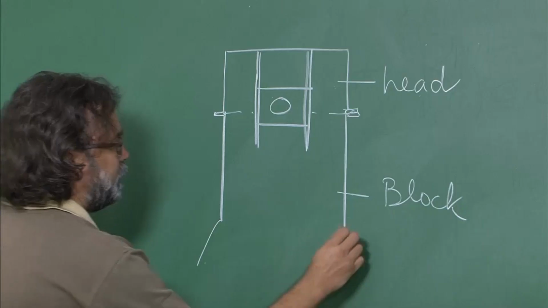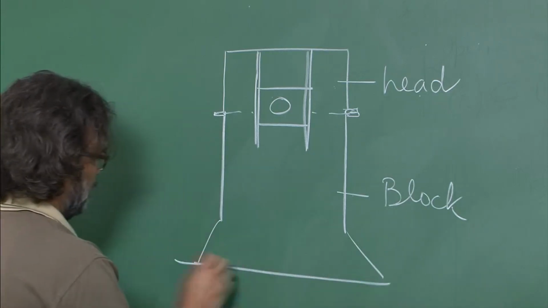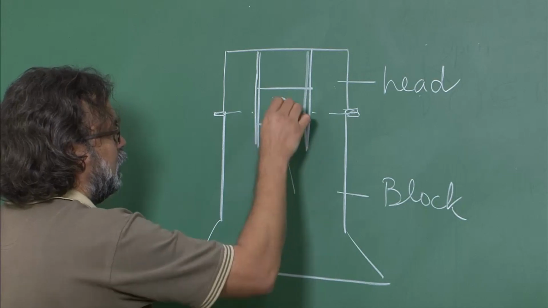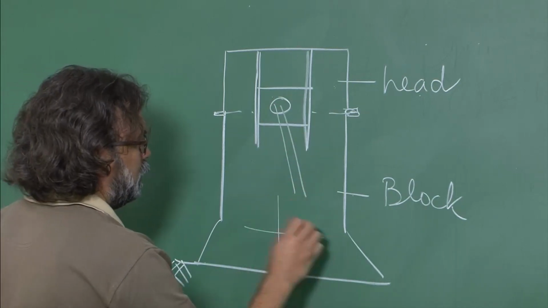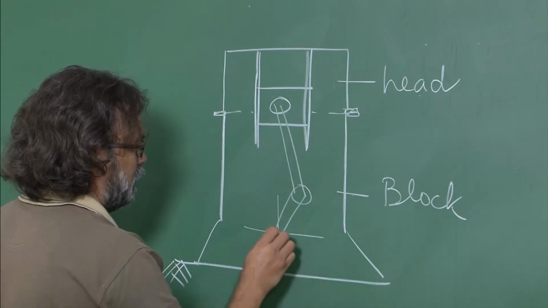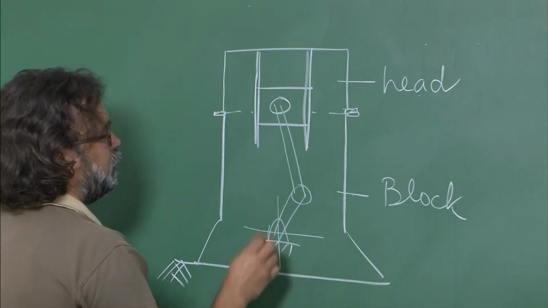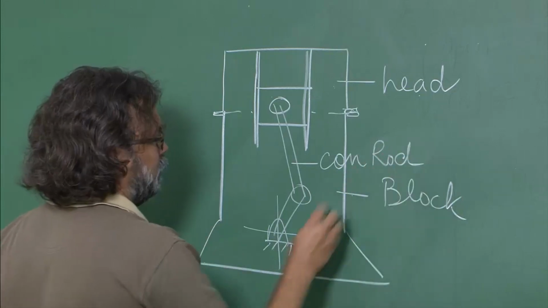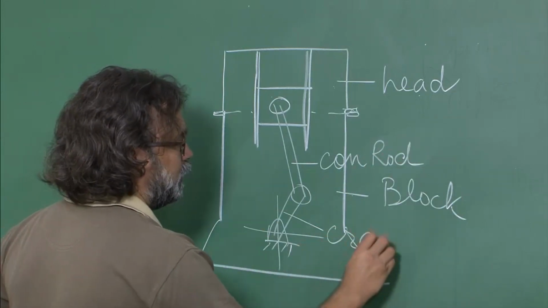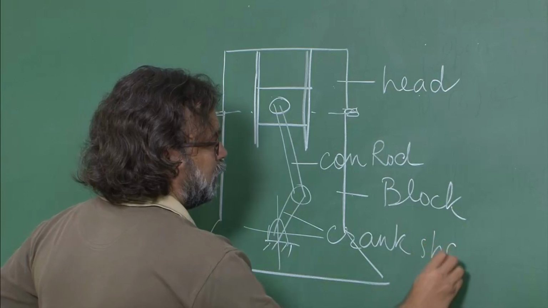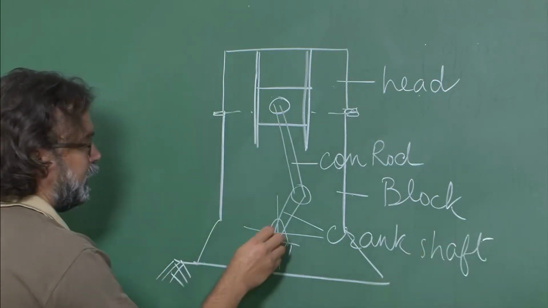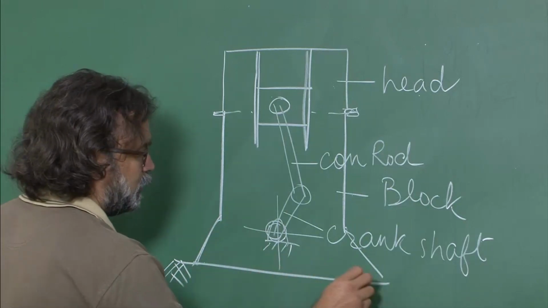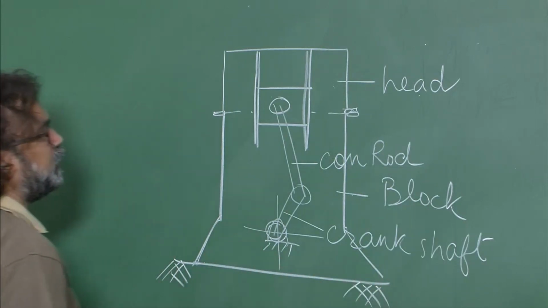And then there may be a foundation here. And then the connecting rod. So this is the connecting rod, this is the crankshaft, and the powertrain comes out, and you have the foundation of the engine.